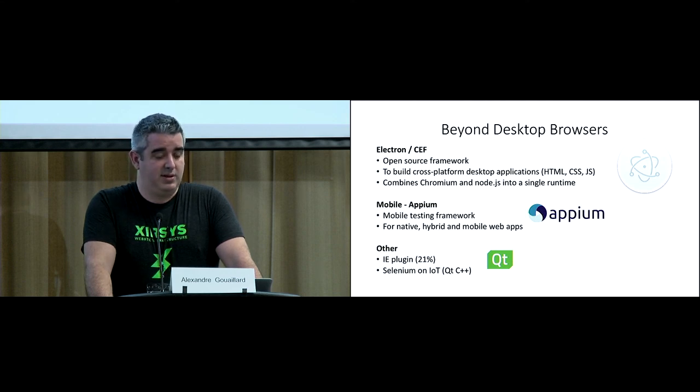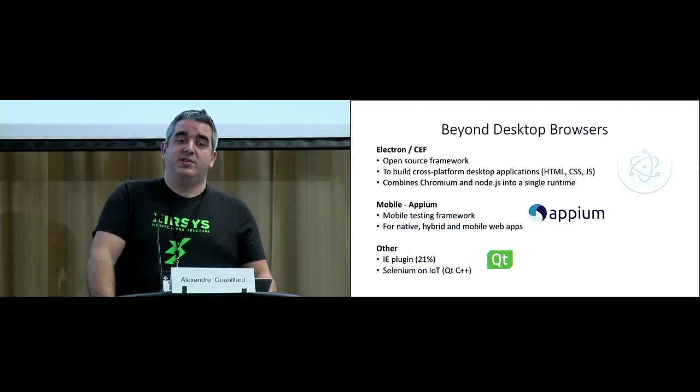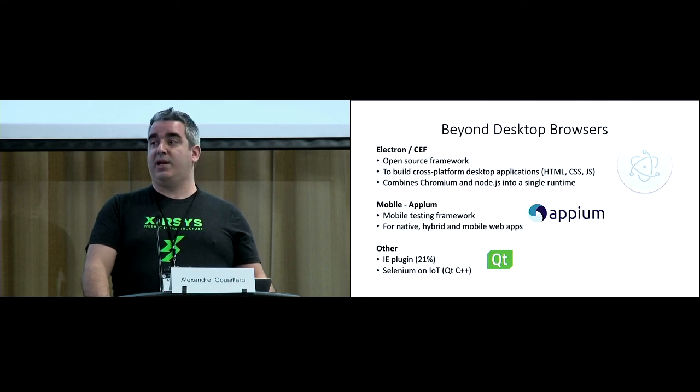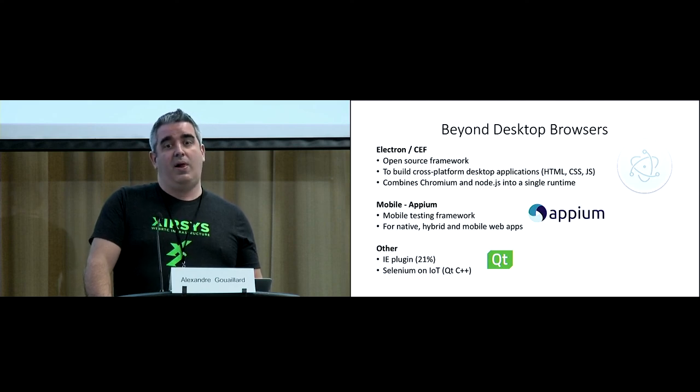So you will have that Internet Explorer plugin tested against all the desktop browsers and everything that exists on a daily basis. Finally, what's interesting more and more nowadays is IoT. And here again, it's very diverse. For all the people that came to the tutorial the day before the conference on Qt and LibWebRTC, thank you. That's an example of what you can do to unify all those applications on IoT.